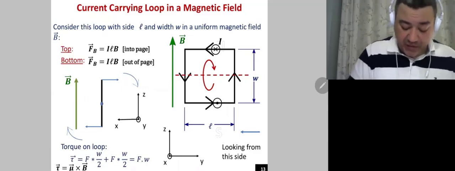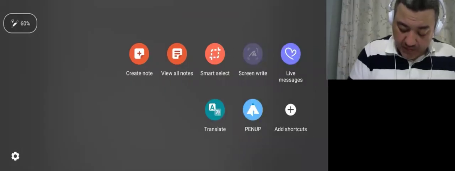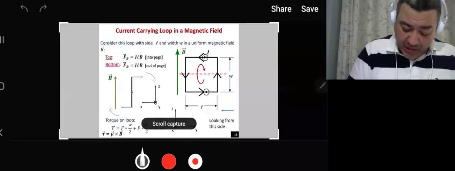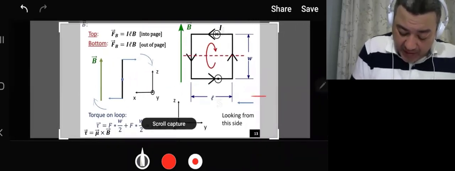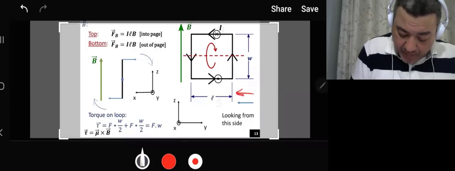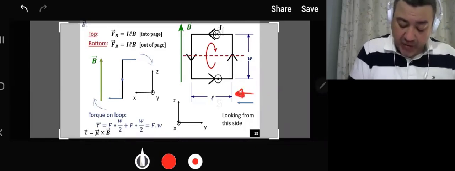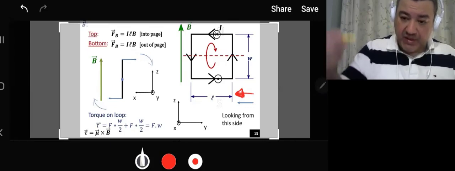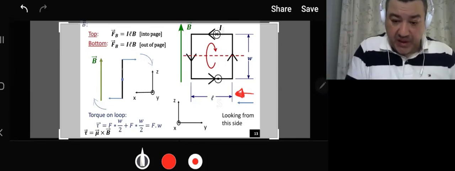So if I am to look from this side, imagine that you are now standing on the side and looking at the loop. This is what you're going to see.